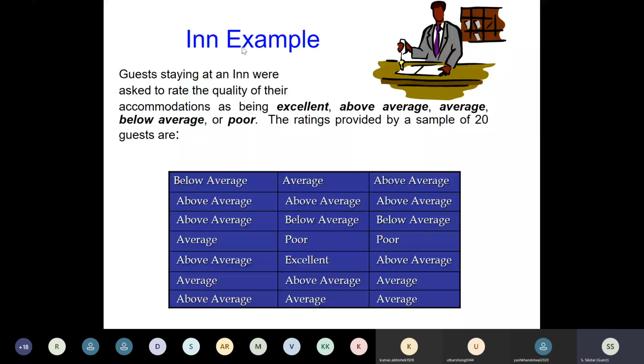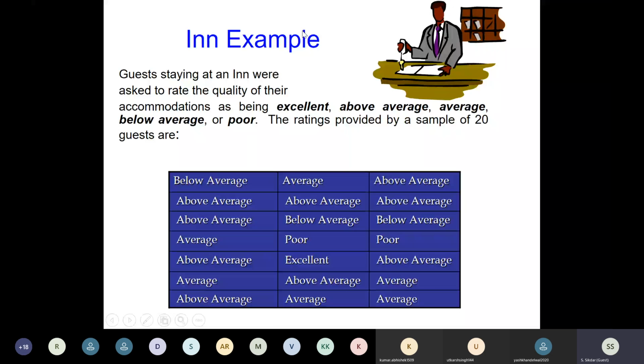In general we don't use the term inn. Either we say hotel or something. Just like we don't use the term motel, we always say hotel. So there is a difference between hotel and motel.